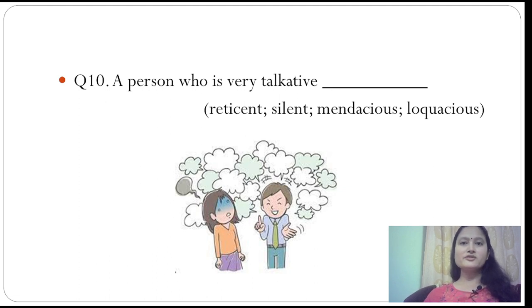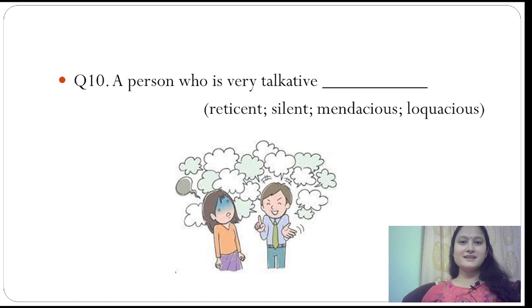So loquacious will be a person who talks a lot. Okay, a chatterbox kind of person, very talkative. So that person is loquacious. You can see in this picture that that boy is very talkative. So he's a loquacious kind of person, right?